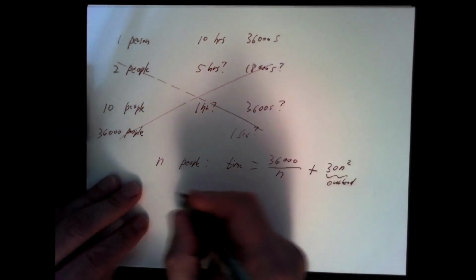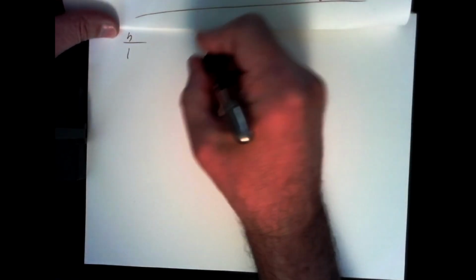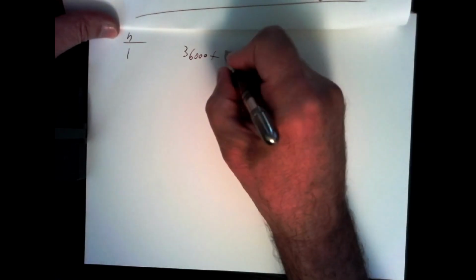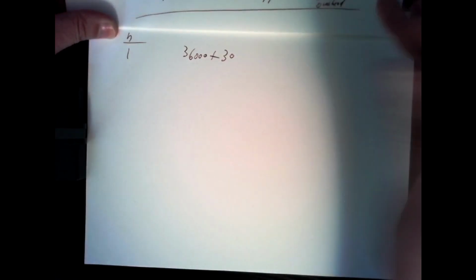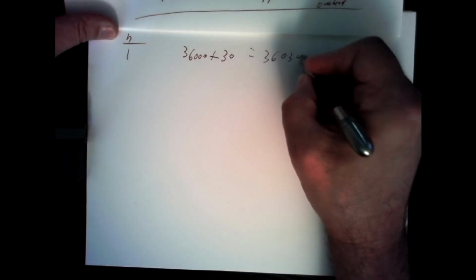So let's look at what this formula does for us for different values of n. If we have one person, this looks like 36,000 and 30 seconds overhead. So 36,000 and 30 seconds.